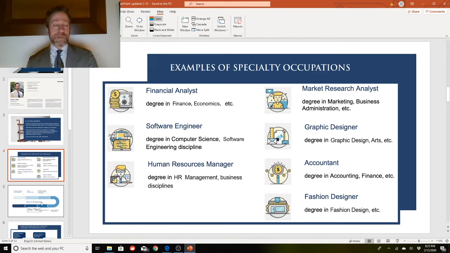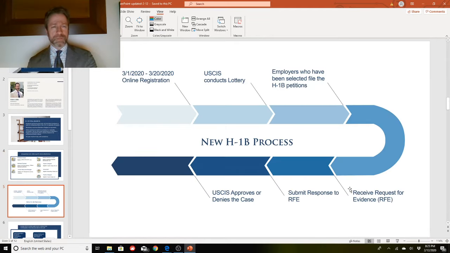Now this year we have a very different process. There will be online registration for the H-1B lottery this year. The H-1B visa has an annual cap, and every year, only 85,000 H-1B visas are available.